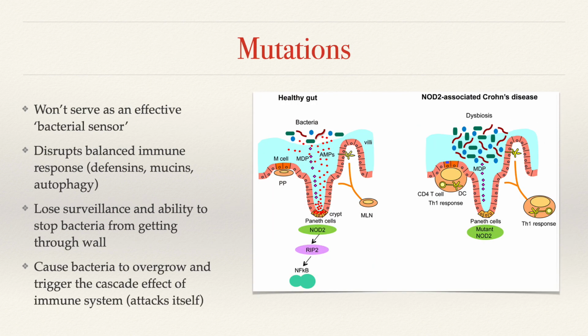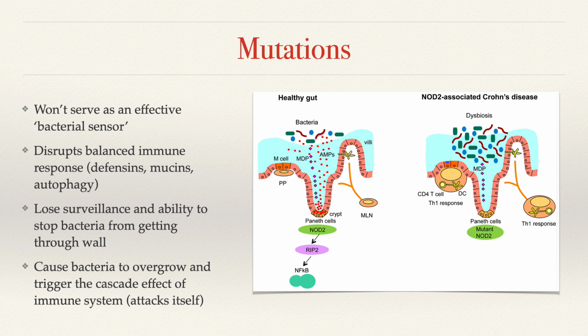So what exactly would a mutation in the NOD2 gene do? So as we said, this protein is kind of the sampler, in other words, a bacterial sensor, and it will not be effective at doing its job, which will disrupt the immune response, as we just talked about in the previous slide.